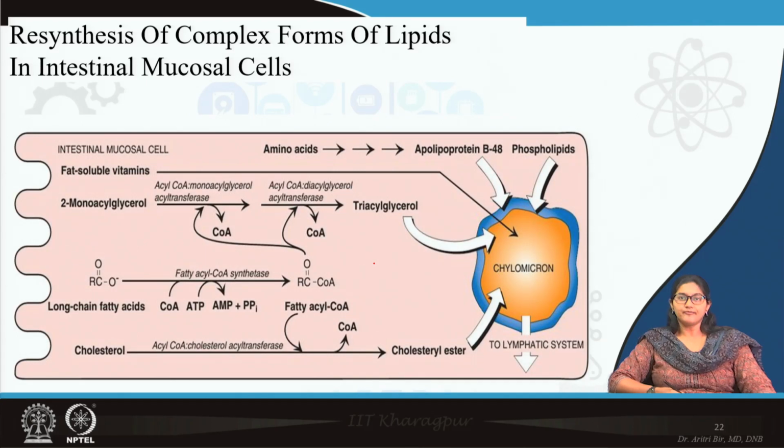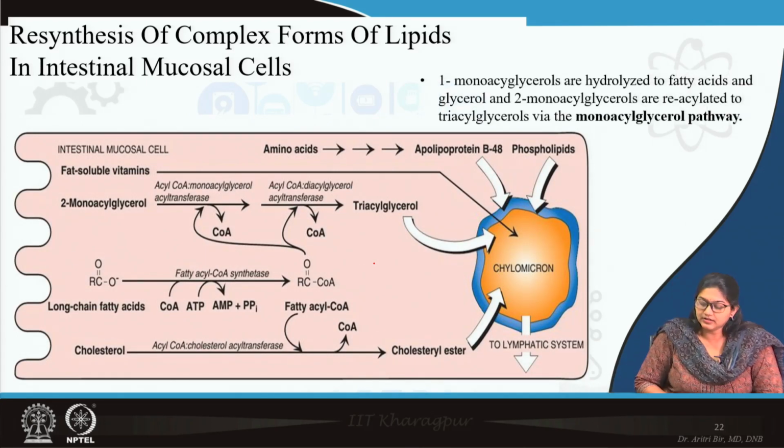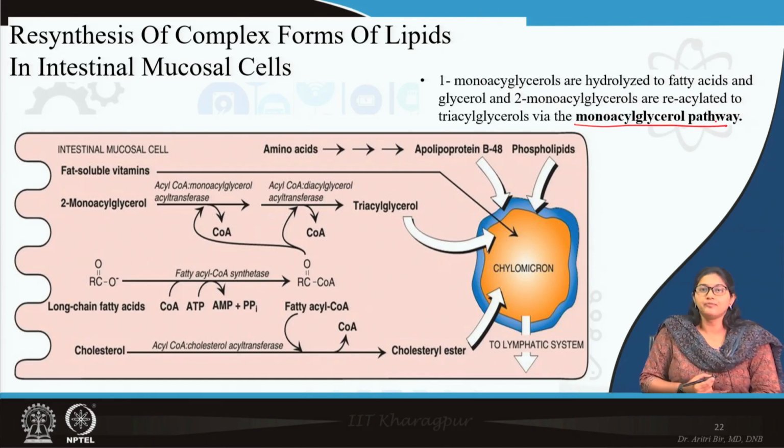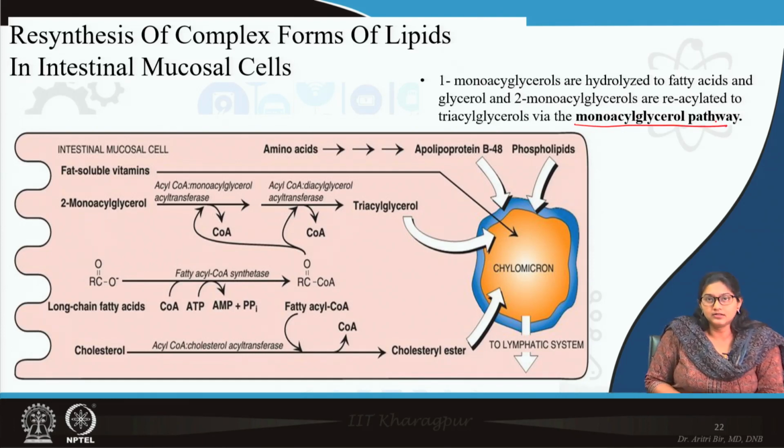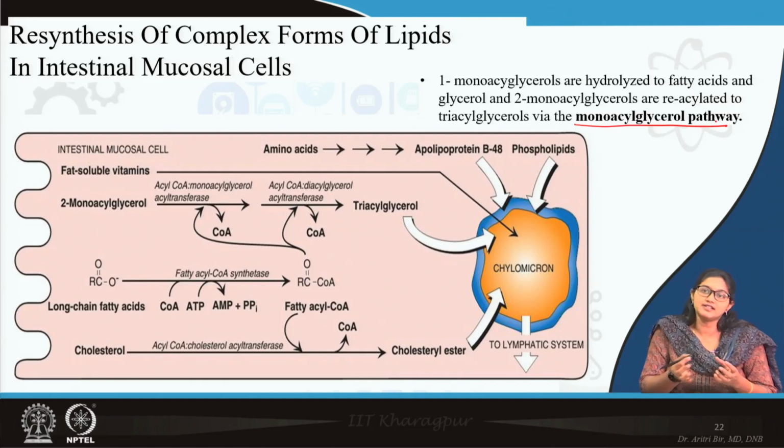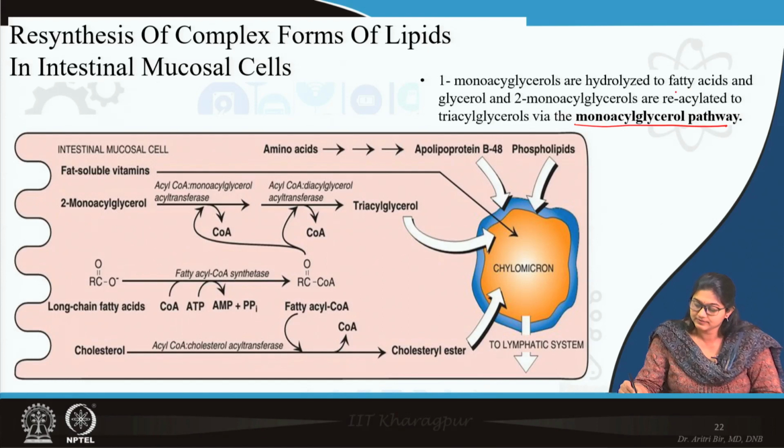So, you can see that there is a cycle or pathway which starts with monoacyl glycerol. Now, what happens is that alpha monoacyl glycerol, where one fatty acid is attached to the glycerol, is hydrolyzed to generate glycerol and one molecule of fatty acid.